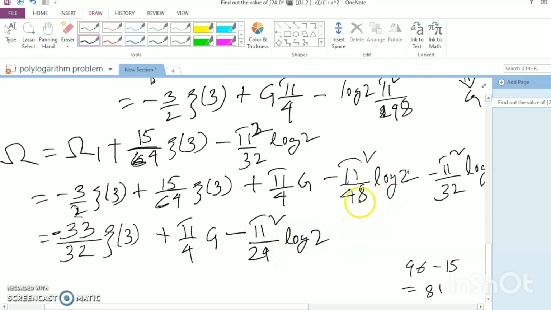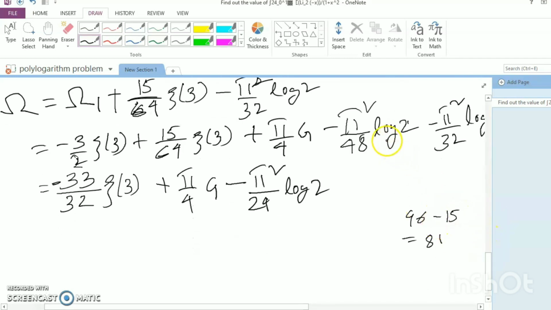Okay, pi square by 48 and pi square by 32. Pi square by 32, not pi cube. When I add, then it is 16 and 3. So it is 3 plus 1, so it is 16 into 6. So this value is 4 divided by 16 into 6. So it is cut by 4, so it is 24. Pi square by 24 log 2.